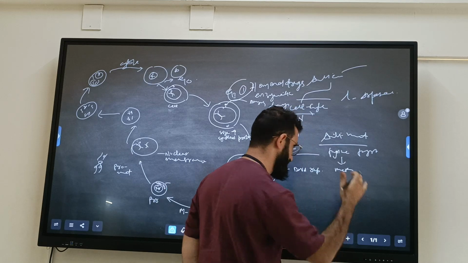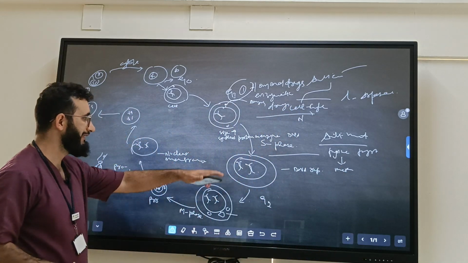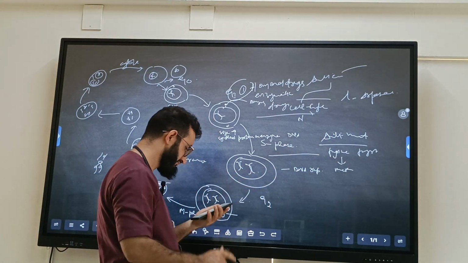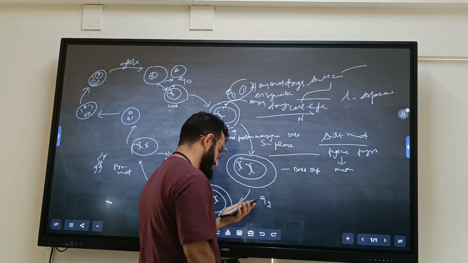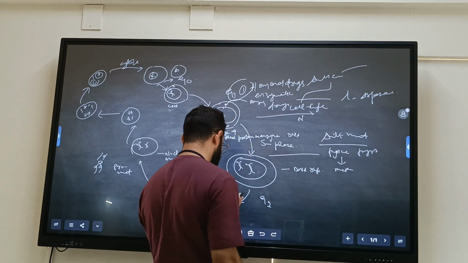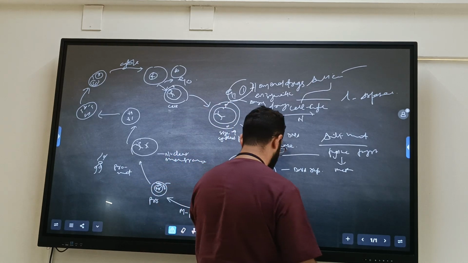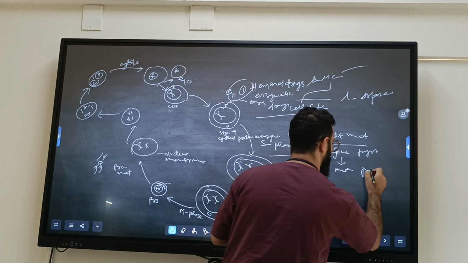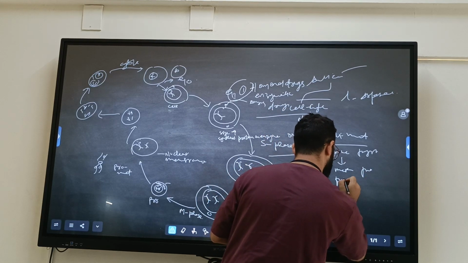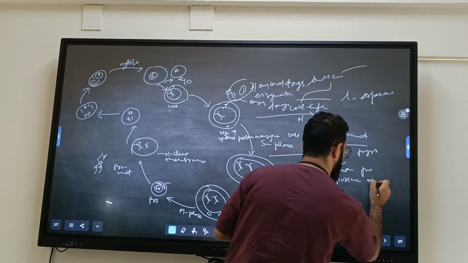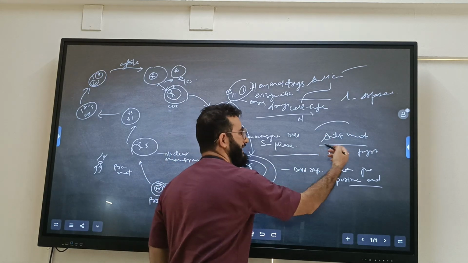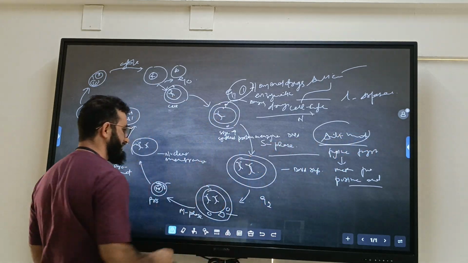Anti-metabolite drugs include folate antagonists like methotrexate and cytarabine. Just keep the name, anti-metabolite. They will act on the S phase of the cell cycle.